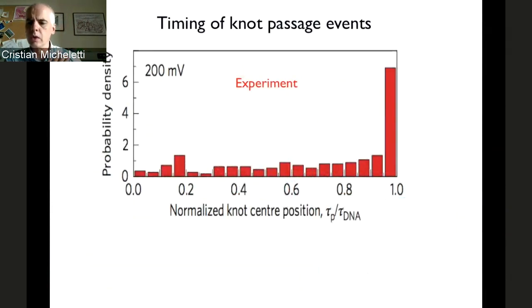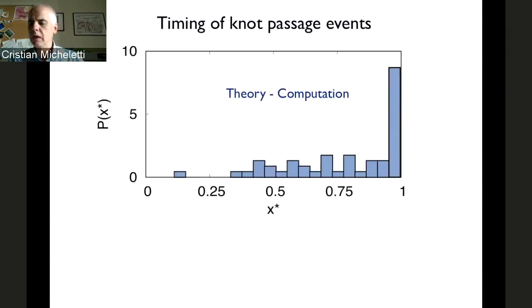Just to remind you, this is the distribution of the timing of knot passage events that had been seen in experiments. And what we saw in our simulations is quantitatively very similar. It's entirely analogous, I would say. We see a bias towards late passage of the knot.